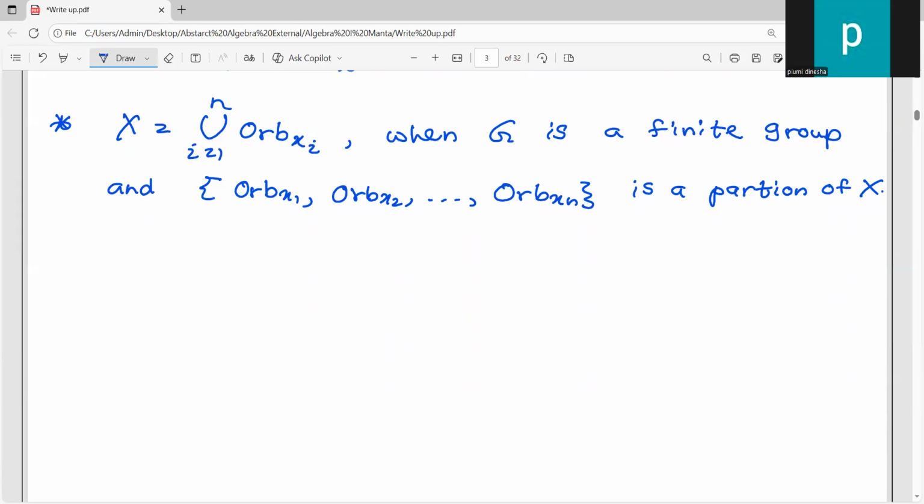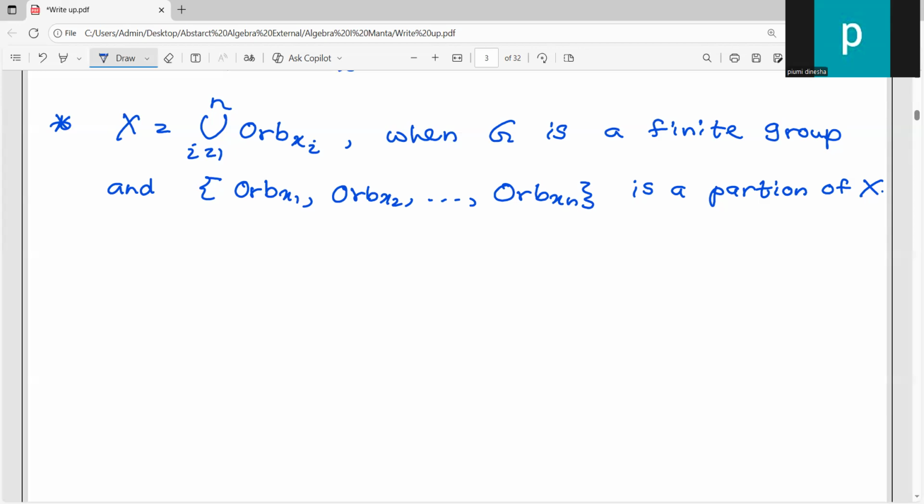Now observe that X is the union of all these orbits. So any element that you take from this set will be contained in at least one orbit, right? And not only that, because these orbits are equivalence classes under that equivalence relation given by tilde, any two orbits will always either be identical or disjoint.